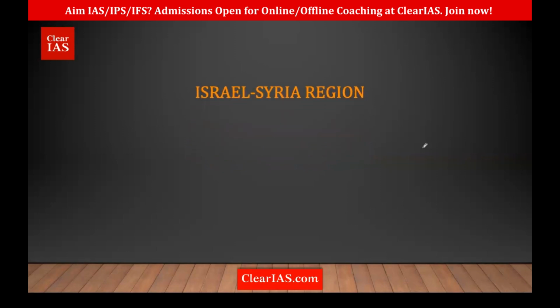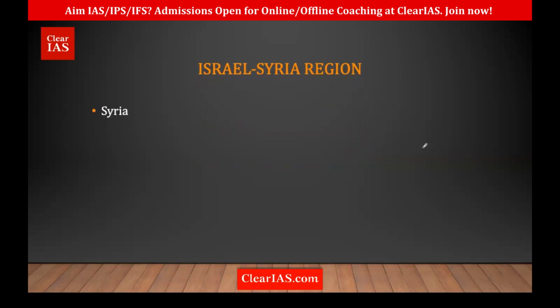So what constitutes the Israel-Syria region? There is Syria. There is Israel. And if there is Israel, there will be Palestine. Then there is Jordan and Lebanon. So these are the 5 countries we'll be learning: Syria, Israel, Palestine, Jordan, and Lebanon.